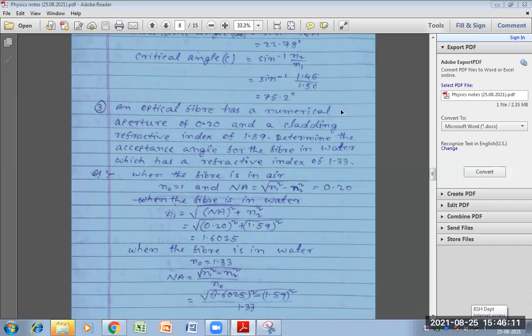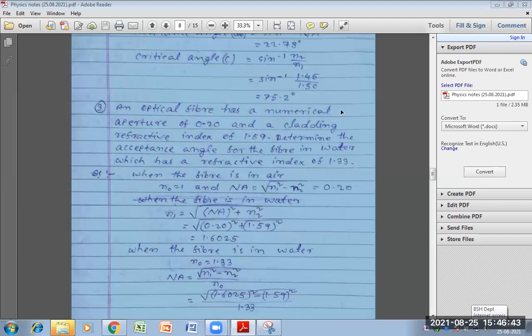An optical fiber has a numerical aperture of 0.20. NA is given here, and the refractive index of cladding n2 is given as 1.59. Determine the acceptance angle theta naught for the fiber in water which has a refractive index.